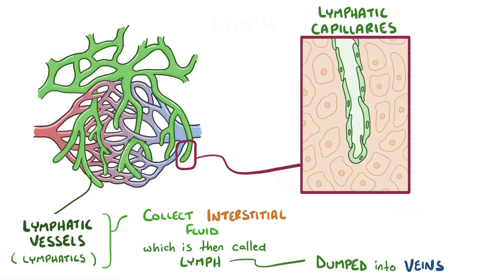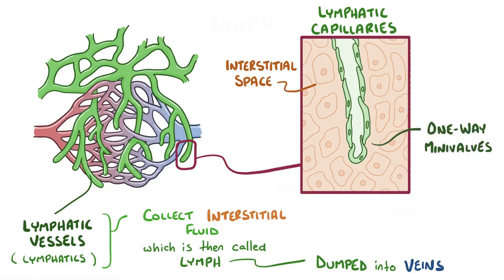Lymphatic capillaries are the smallest lymphatic vessels, and they're located throughout the interstitial space. They are extremely permeable because their walls are made of endothelial cells that only loosely overlap, forming one-way mini-valves. These endothelial cells are anchored to structures in the interstitial space by collagen filaments, which allows the lymphatic capillaries to stay flexible but retain their overall shape.